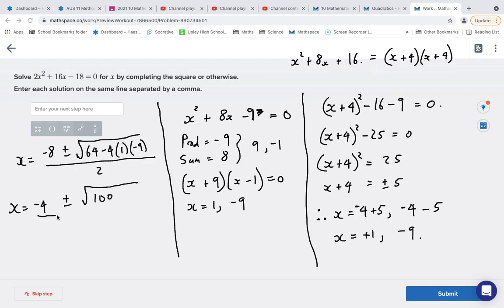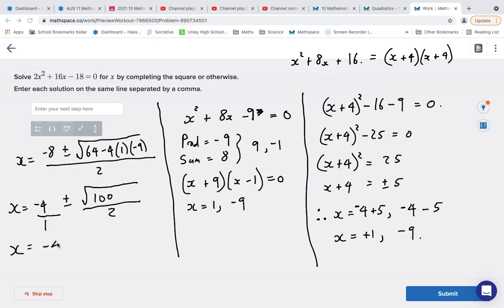And then this bit here is divided by 2, which this one I've already divided by 2. I took my 8, divided it by 2, but I've got to divide everything by 2, right? So that was already divided by 2. Sorry, it's a bit messy. Sure you can handle it. The square root of 100 is 10.